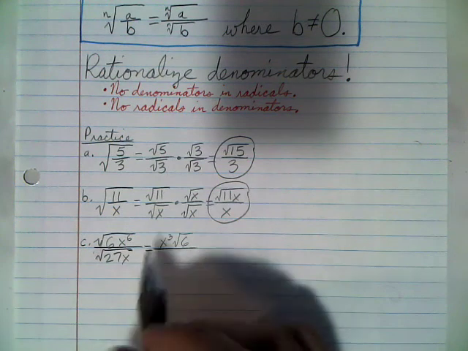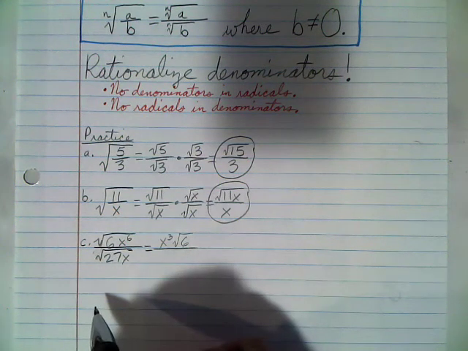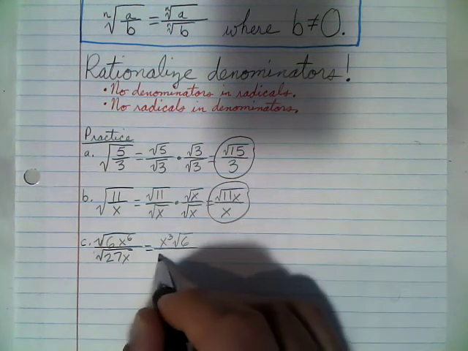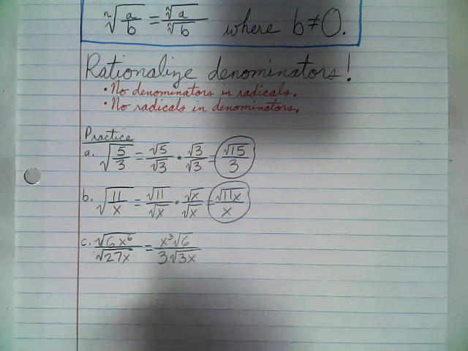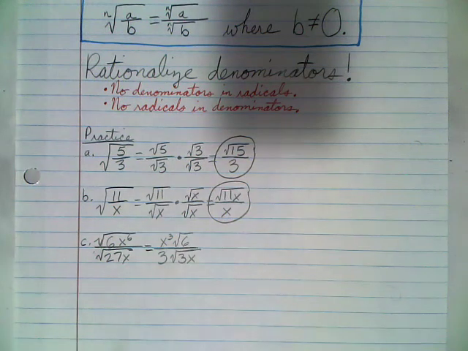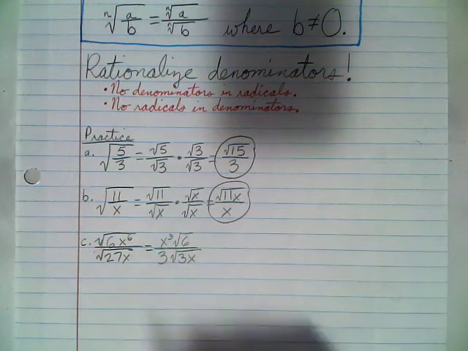In the bottom, I do have 9 that would go into 27, so the square root of 9 is 3, but that will leave behind another 3 and an x. Because the square root of 9 times the square root of 3 would give me the square root of 27.